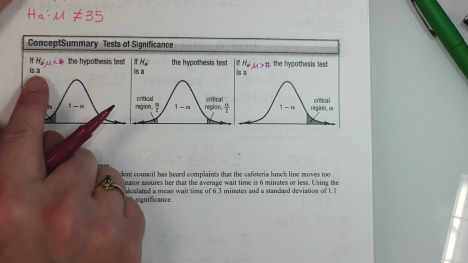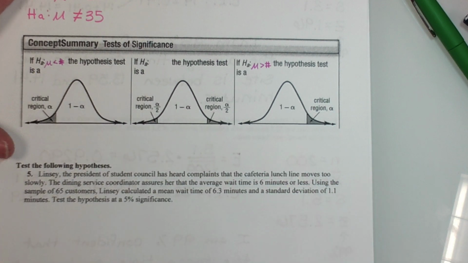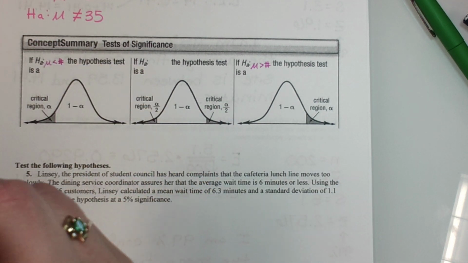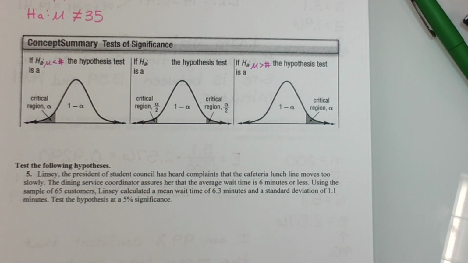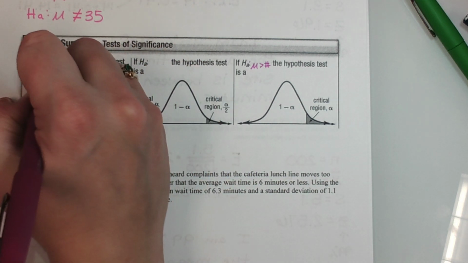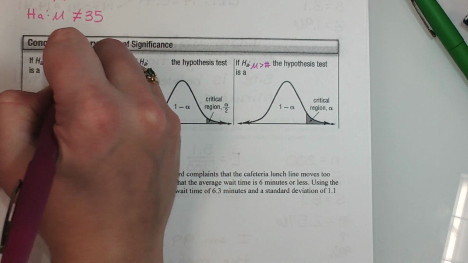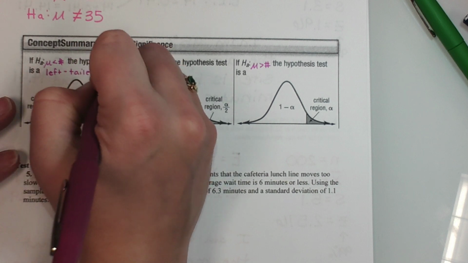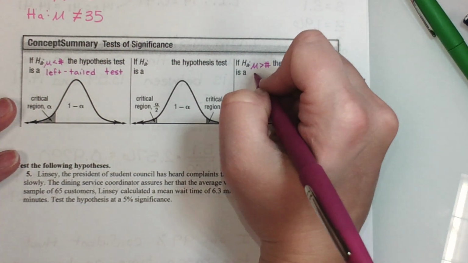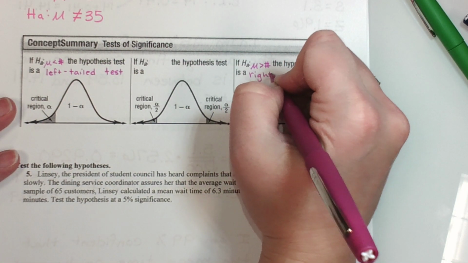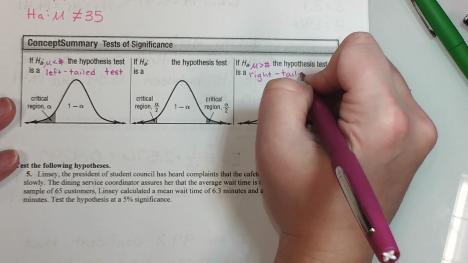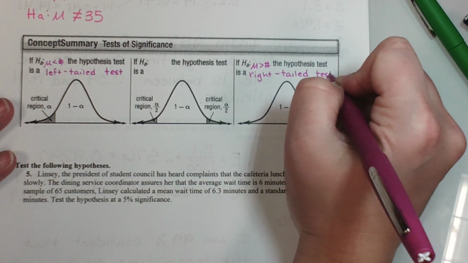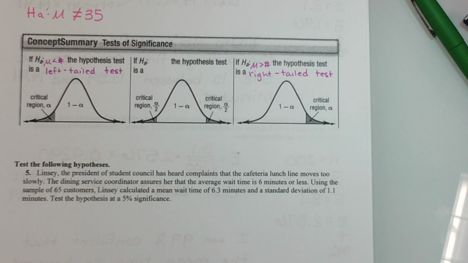In the situation where it is less than, it's technically called a left-tailed test. Over here you have a right-tailed test. It really just focuses on what side of the graph your alternative hypothesis fits.